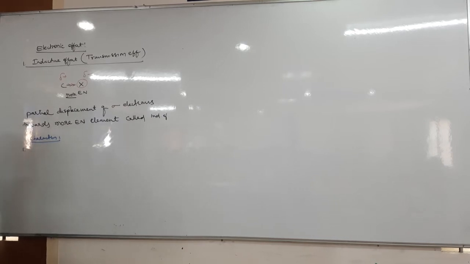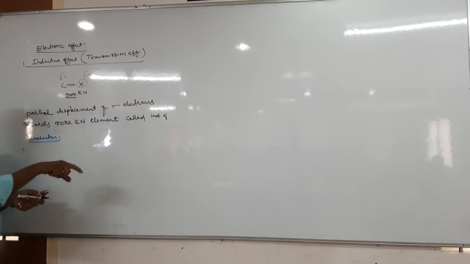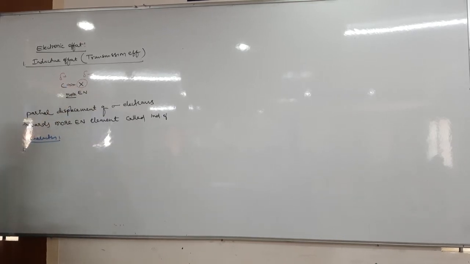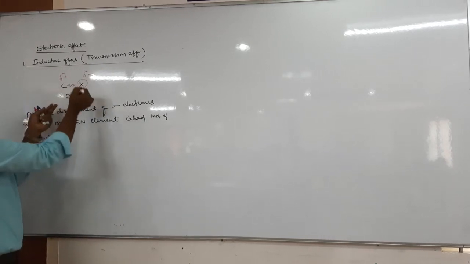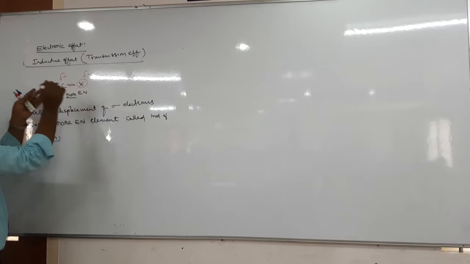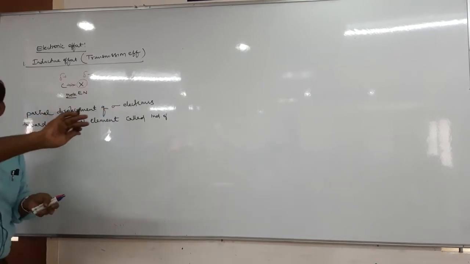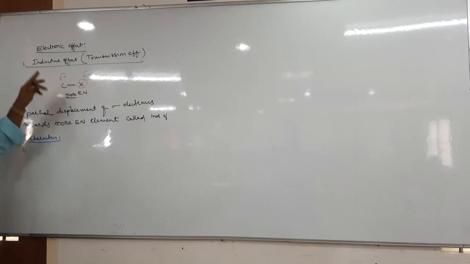Why? The displacement of sigma electron takes place as long as X is present. The displacement does not depend on something attacking here. As long as the molecule exists, the displacement continuously takes place. Therefore it is not temporary.